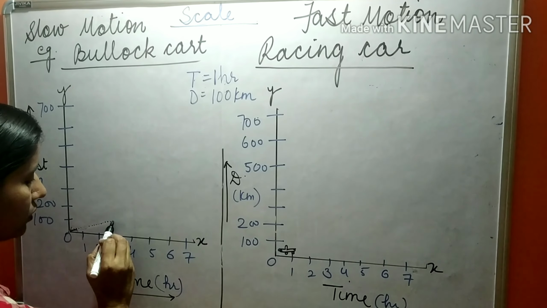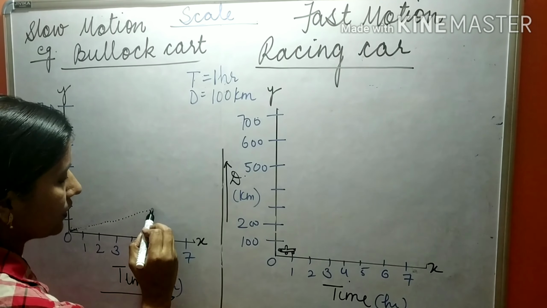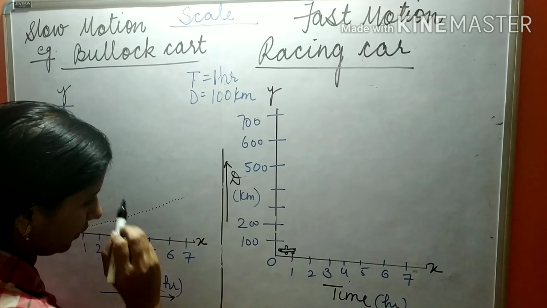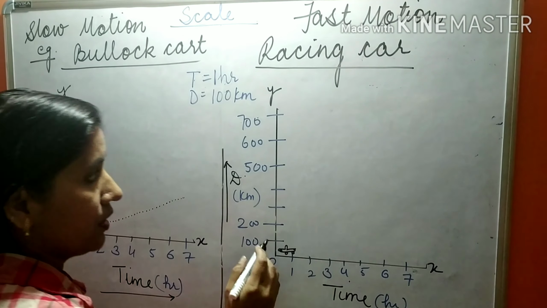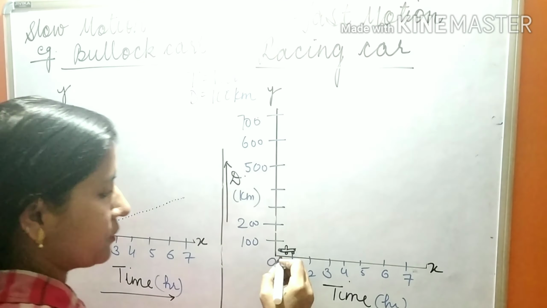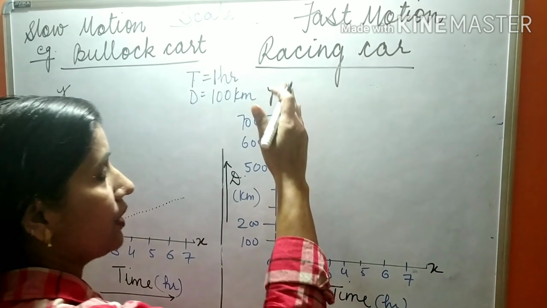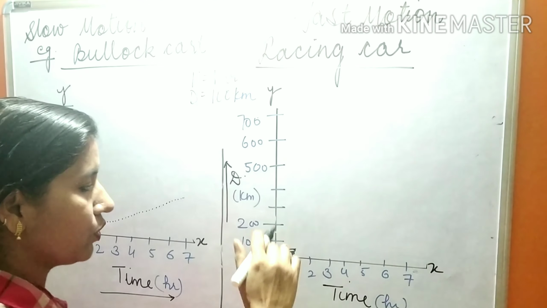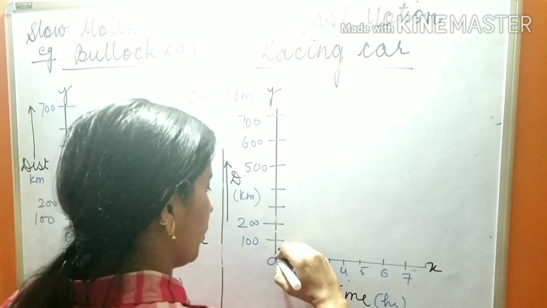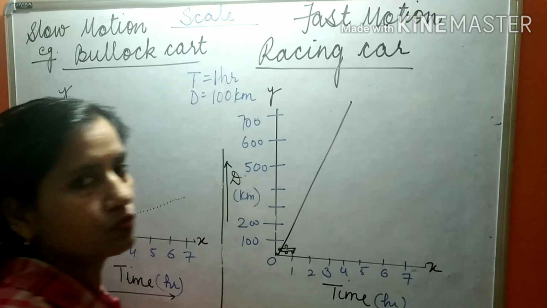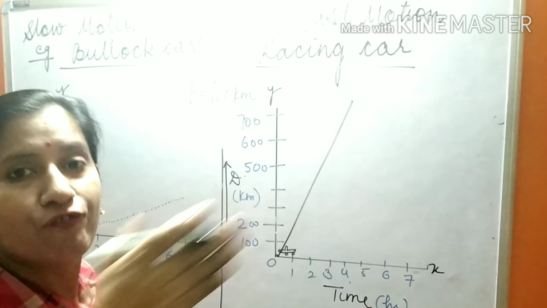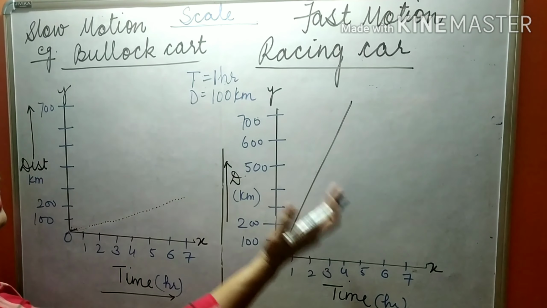Now slowly, it is moving slowly. Fine. So this has moved. Now let's come to this one. As soon as the racing car started, as soon as the race started, it zoomed. Fine, because it goes fast. So see the difference in the graph.